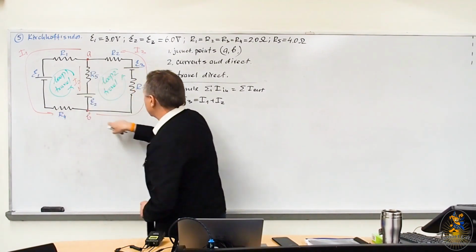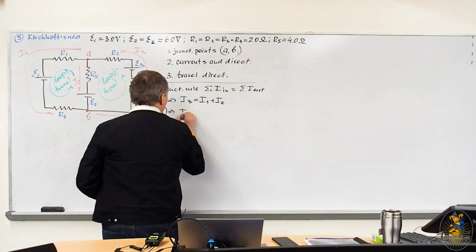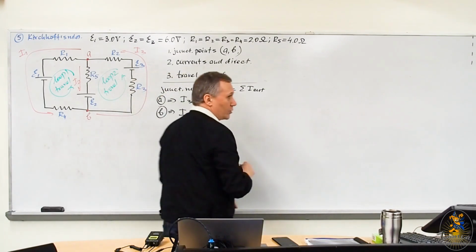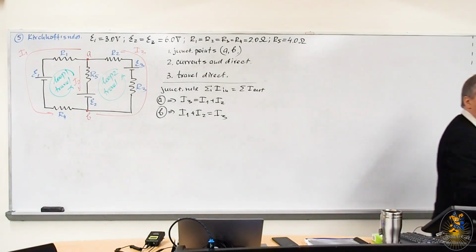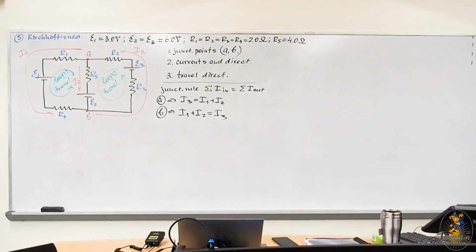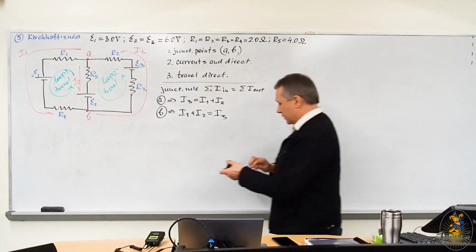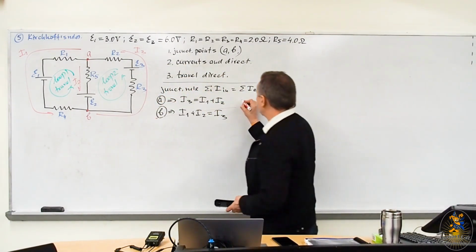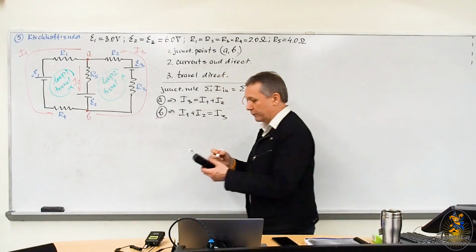So I1 plus I2 equals I3, which is obviously exactly the same as equation number 1. Just move terms, flip the equation. So of course, we don't need this. So equation number 1, we have only one equation.